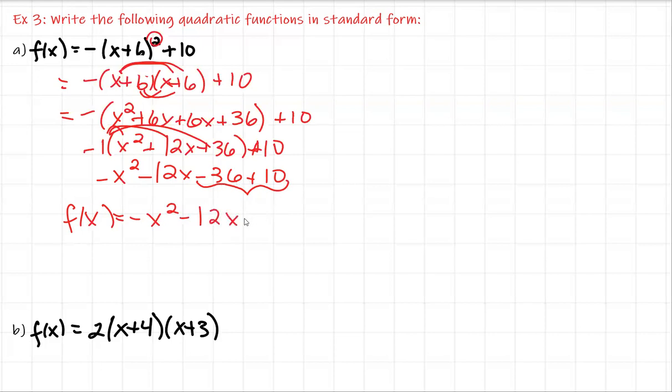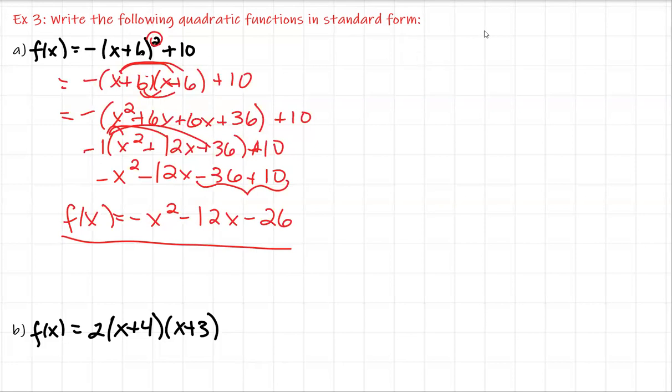Negative 36 plus 10, that's negative 26. Okay. So notice that the a here was negative 1. The a here, you know, ax squared plus bx plus c, the a is still negative 1. So all those a's that you've seen in all the forms, they're all the same. Okay, the only letters that we're changing are the b and the c, h and k, p and q. All right, so there's our answer.